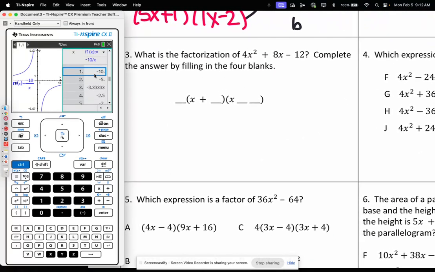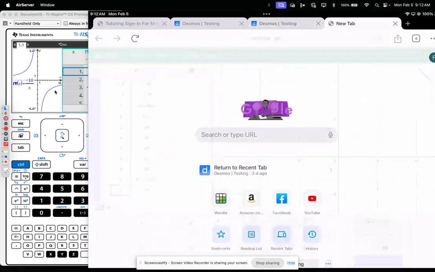What is the factorization? So again, complete by filling in the blanks. Notice always GCF first. There is a GCF between 4 and 8 and -12. You can use the calculator for that, or you can use Desmos.